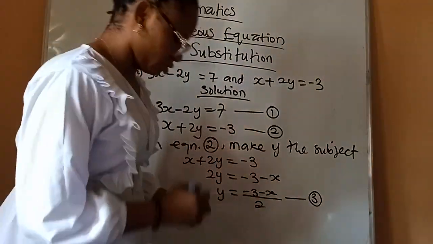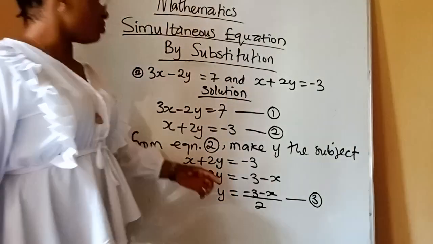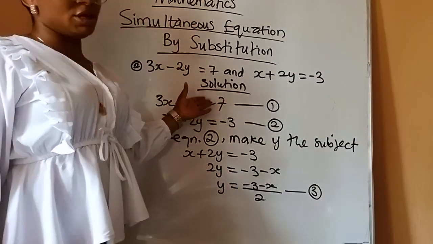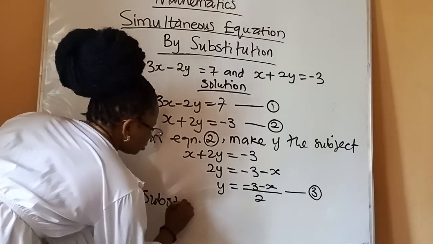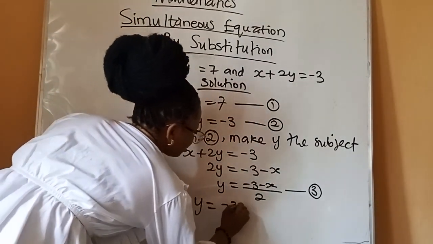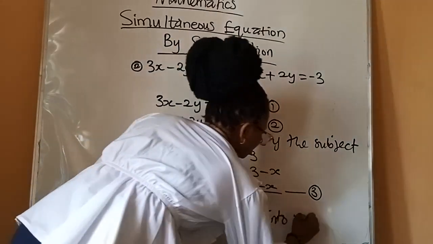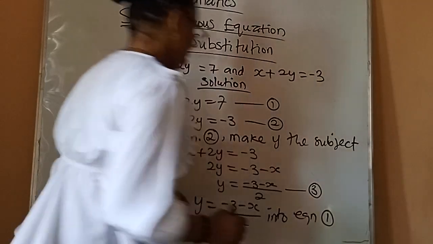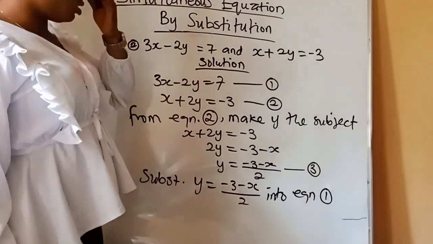When you get equation 3, this one you've gotten as the subject of the equation, substitute it into the other equation. So at this point we substitute y equals minus 3 minus x all over 2 into equation 1. Remember, we started with equation 2. Don't go back there. Choose the other equation.